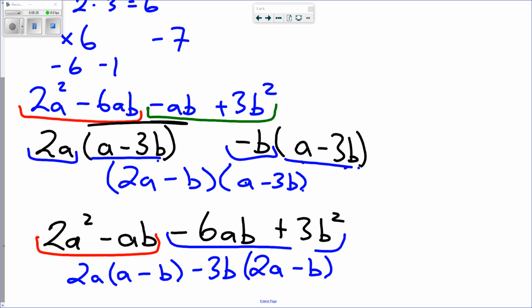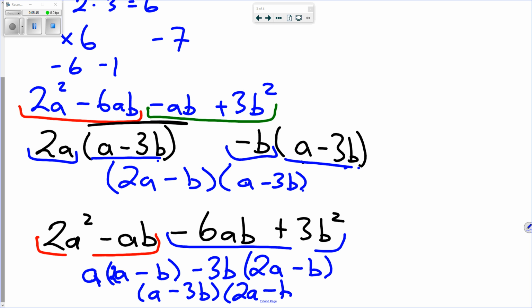We can't factor a 2A out of this first part. There's no 2 in that last term. We can only factor out an A, left with a 2A minus B in there. So we get A minus 3B times 2A minus B, which is the exact same answer.